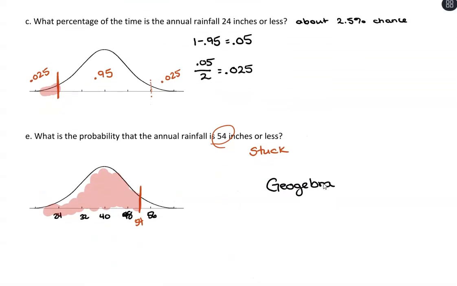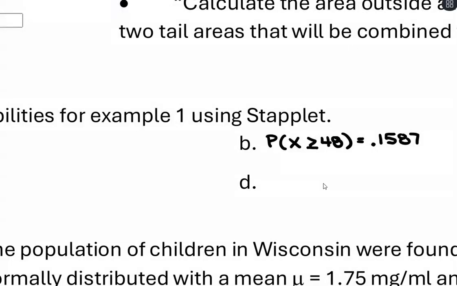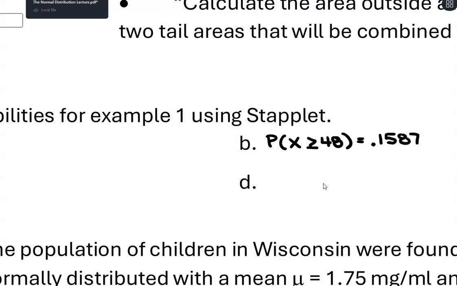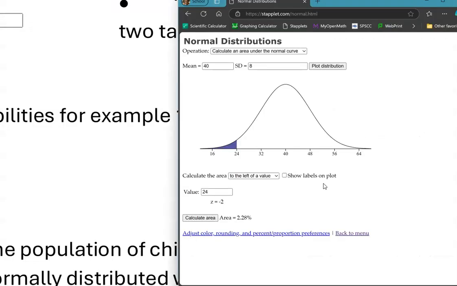Okay, and then part D, where we looked for an annual rainfall of 54 inches or less. So with this one, sorry, in the video I was still using a program called GeoGebra, but we are using Stapplet. And so we're still doing less than, but now our cutoff is 54.